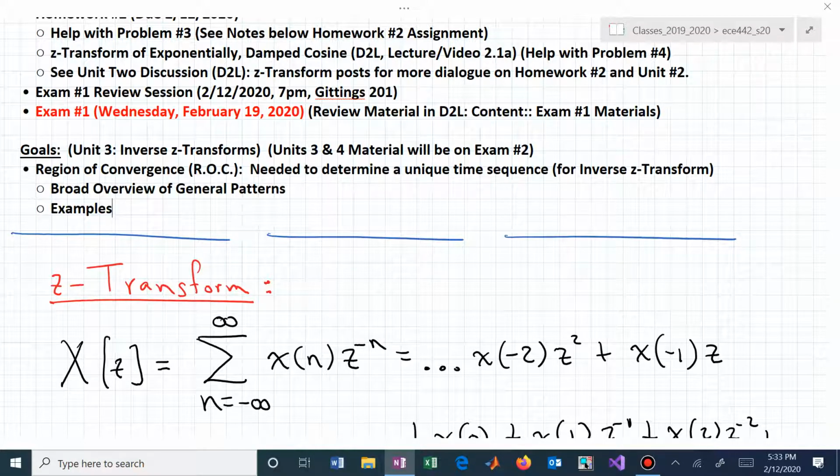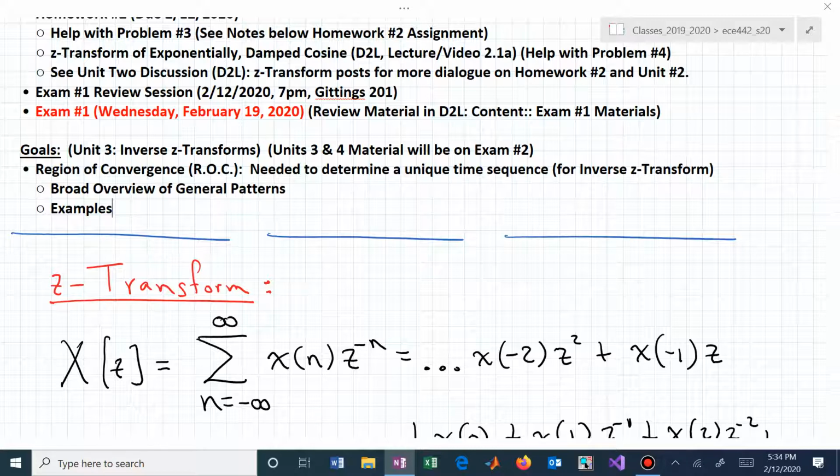Hopefully that's all clear. But today we will talk a little bit more about region of convergence and how we might have different regions of convergence depending on when these sequences in the time domain are defined. Are they defined for n greater than or equal to 0, for little n less than 0, on both sides of 0?